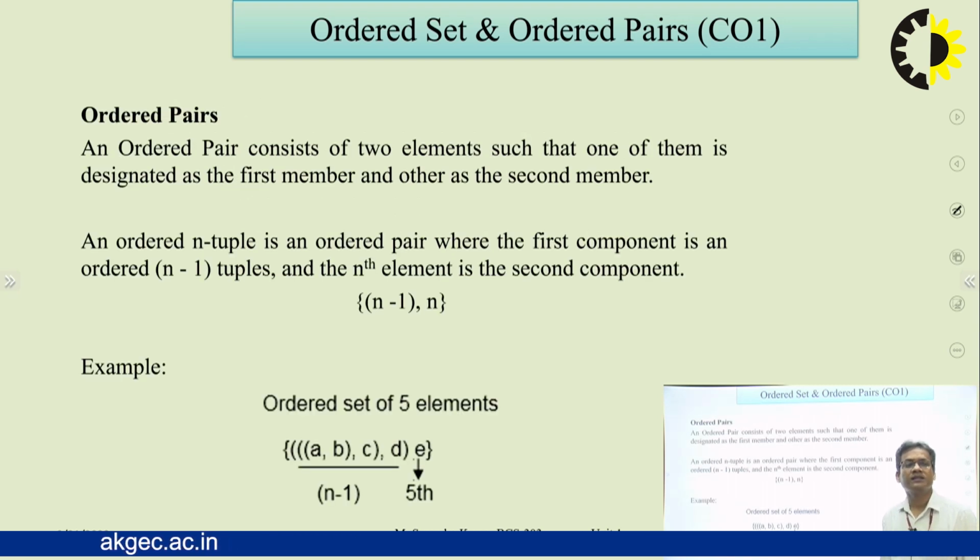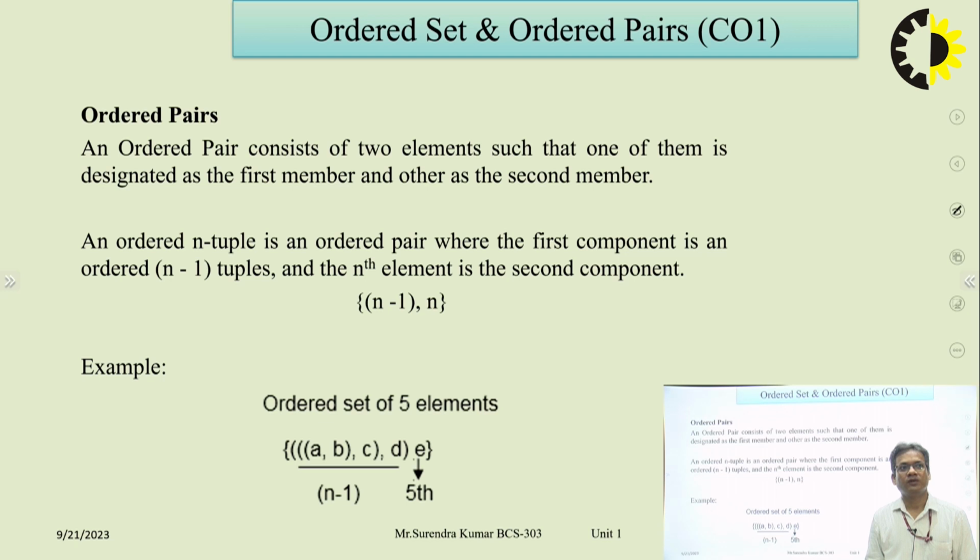Now we can discuss the ordered pair, because when we discuss relation, there should be an ordered pair. An ordered pair consists of two elements, such that one of them is designated as the first member and the other as the second member.